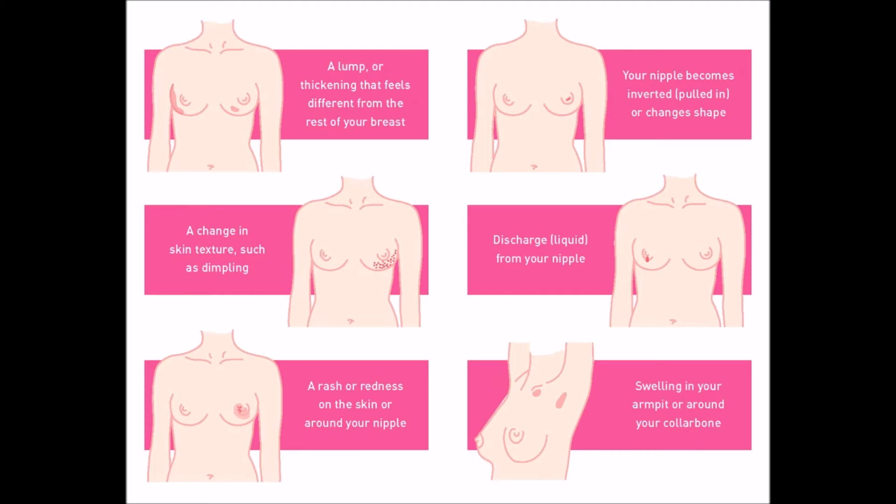The second detection method would be screening, which is the systematic application of a screening test in a presumably asymptomatic population. It aims to identify individuals with an abnormality suggestive of cancer.